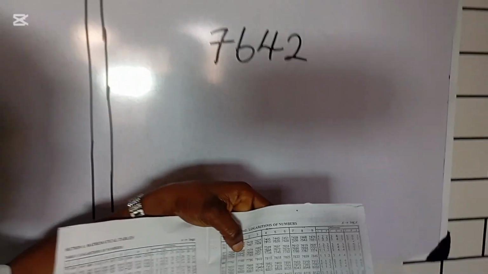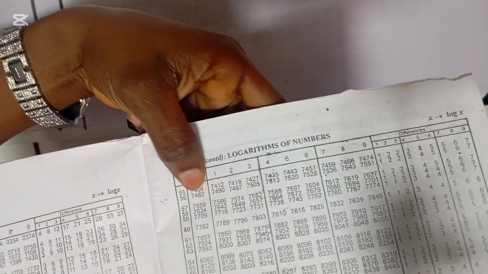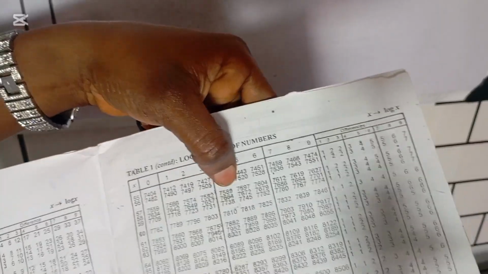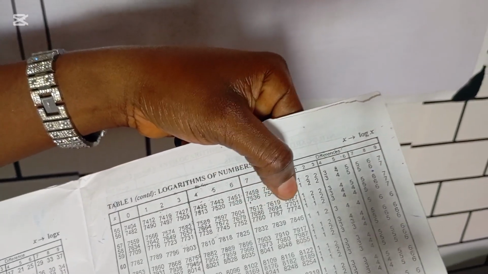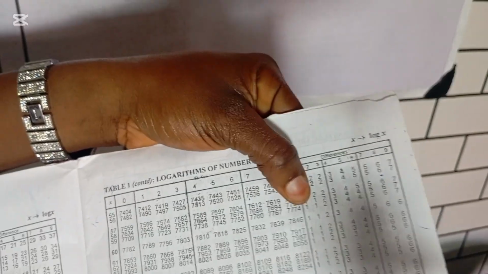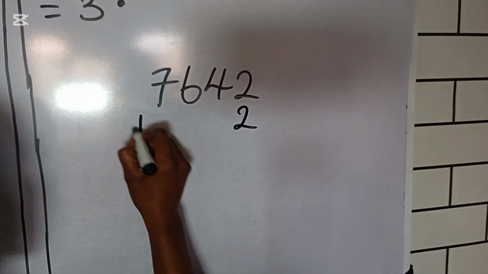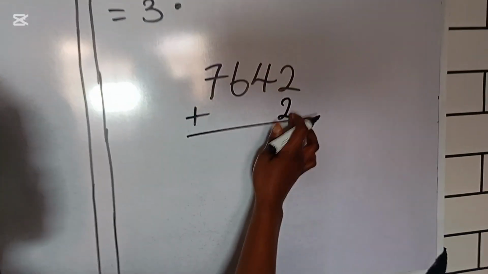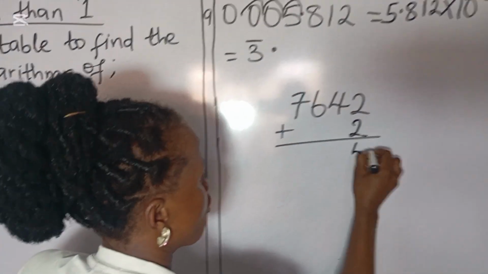Difference of 2: you follow the line to the difference part. Difference of 2 here is 2. Therefore, we're going to add 2. Now 2 plus 2 here will give us 4.